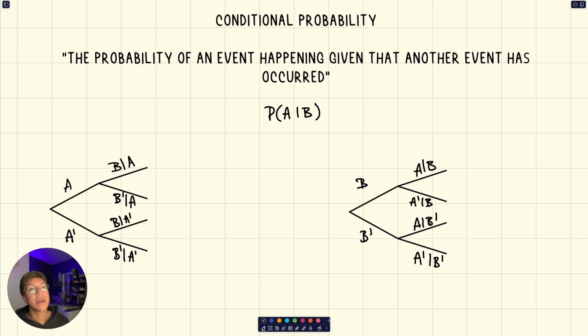And depending on what question they give you, you'll want to arrange your tree diagram either with the first event and then the second event, or flip the second event and then the first event. You'll see that it'll make it a lot easier to solve your tree diagram. The great thing about conditional probability here is that in a tree diagram, it makes it a lot easier to see when events are independent, which we're going to talk about next.